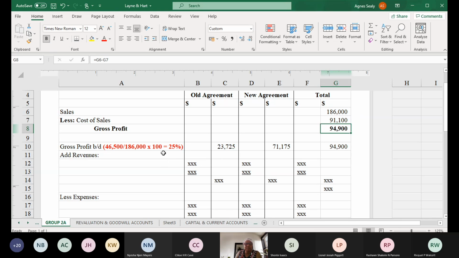But then you took this 94,900 and you split it between the old and the new agreement, because since 25% of this sales here was for the old, it means that 25% of this profit is for the old and the other 75% is for the new.